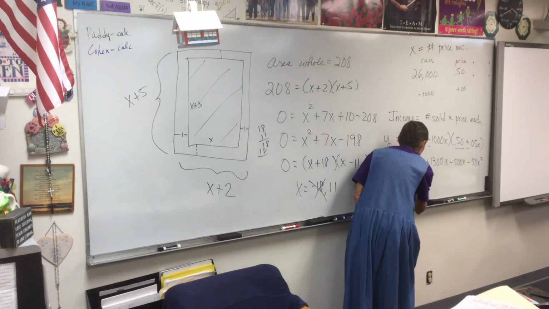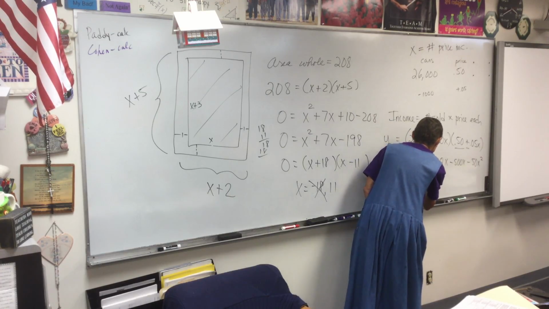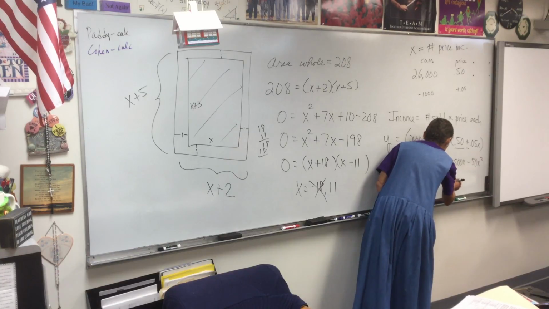I got negative 50x squared plus 800x plus 13,000.